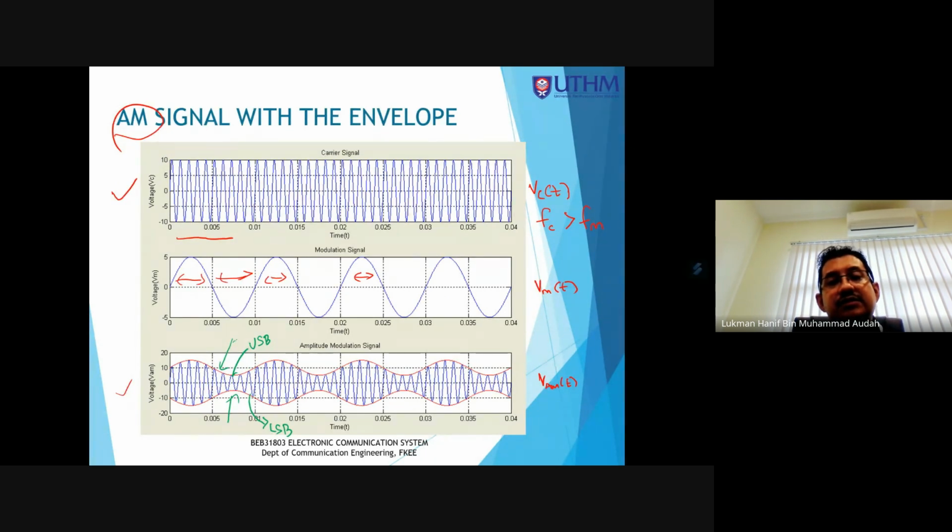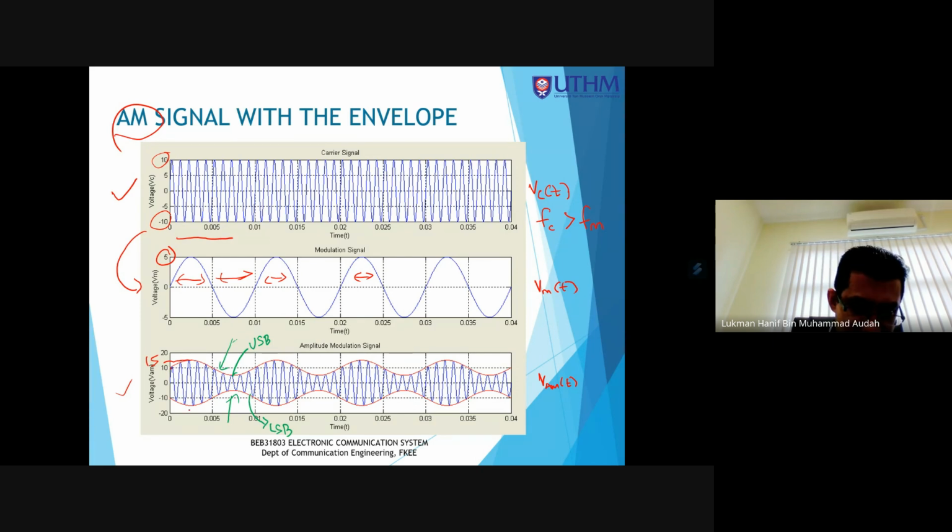Initially the carrier has a constant amplitude within the range of positive and negative 10 volts. But after modulation with the modulating signal, the amplitude of the carrier changes in accordance with the input. Initially it's 10, so now it becomes within the range of 10 until 15, because 10 plus 5, so the maximum is going to be 15 volts in this example.